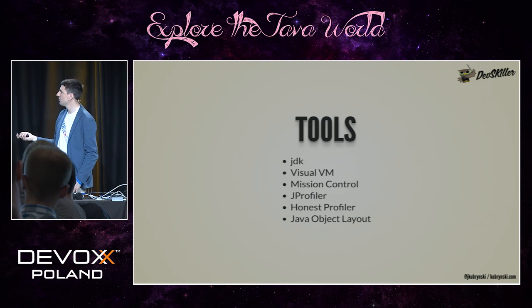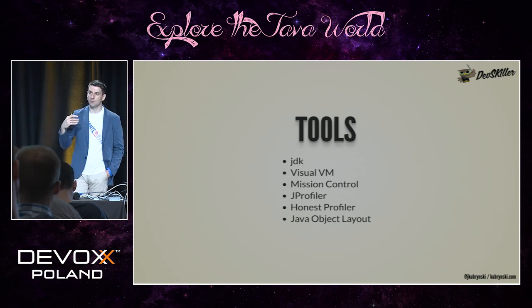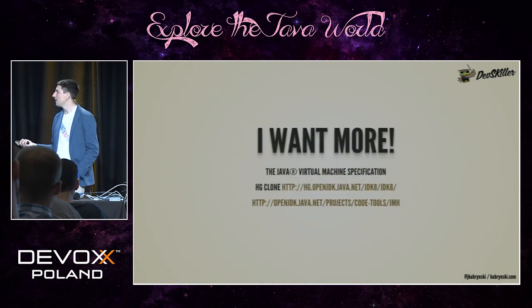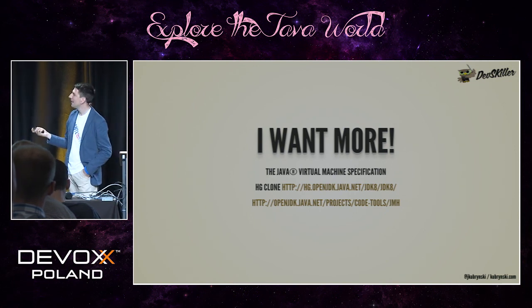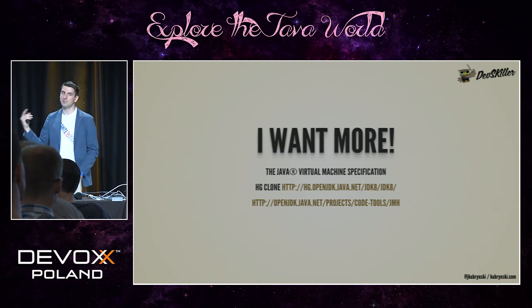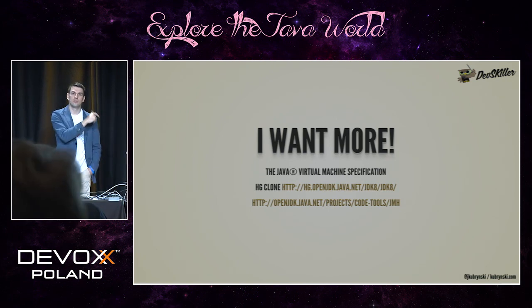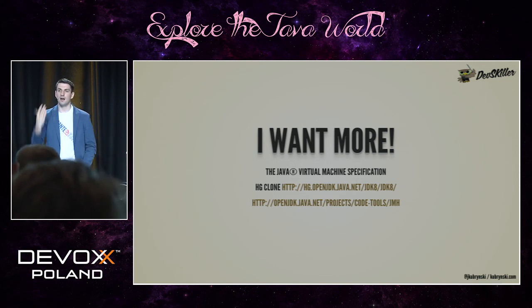And there is also a tool called Java Object Layout, which allows you to check the layout of your object really simply by using the IDE. Okay? And if you want much more, then it's good to read the Java Virtual Machine specification or clone the source code and use the JMH tool. JMH is the tool I used to do the microbenchmarks, so we will get a lot of different answers.